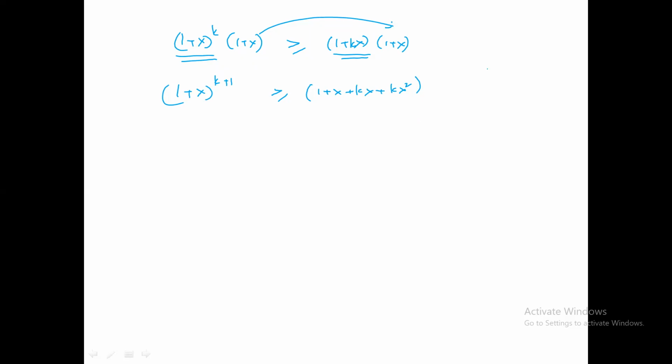And I can write this will be obviously greater than or equal to just 1 plus x plus kx because I have removed this. So finally I can write (1 plus x) power k plus 1 is greater than or equal to 1 plus x plus kx.